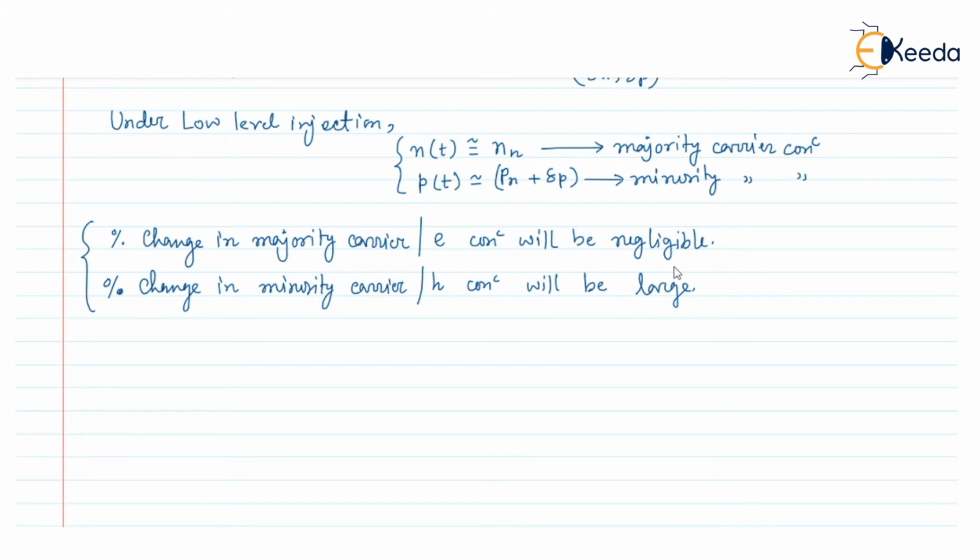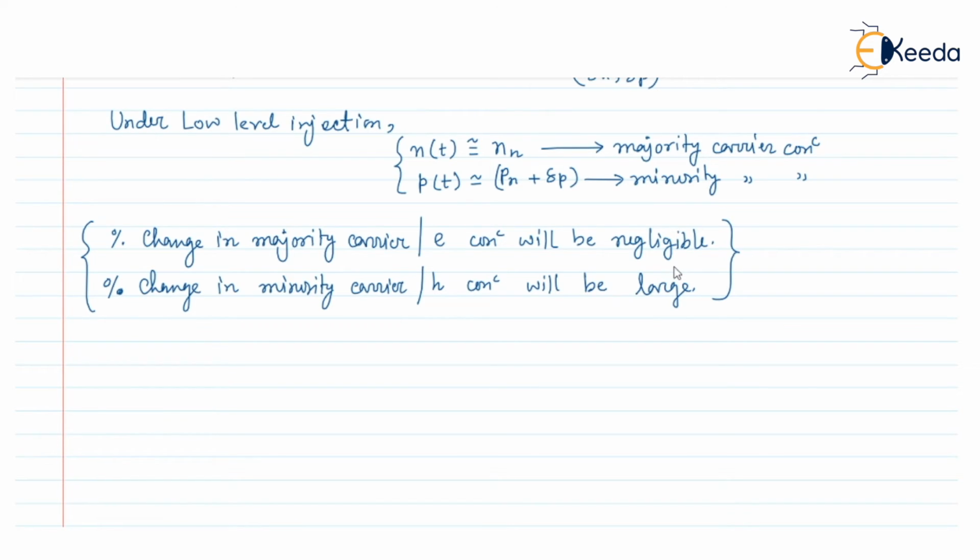So when light is incident on an N-type semiconductor, the hole concentration will change by a significant amount, but the electron concentration will remain the same.